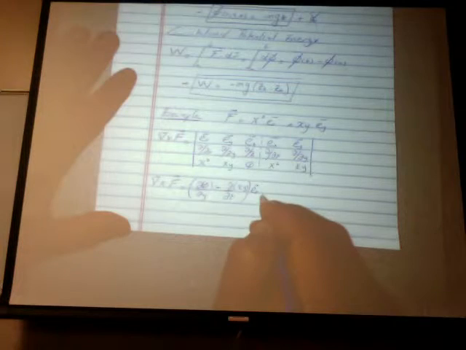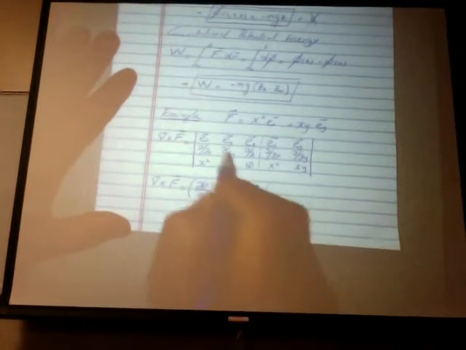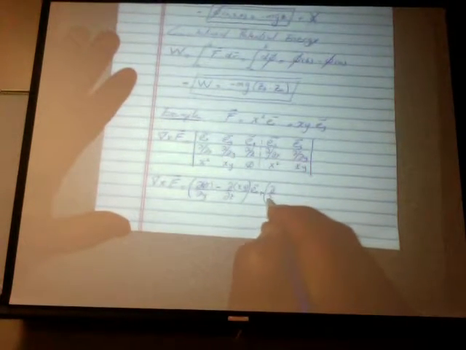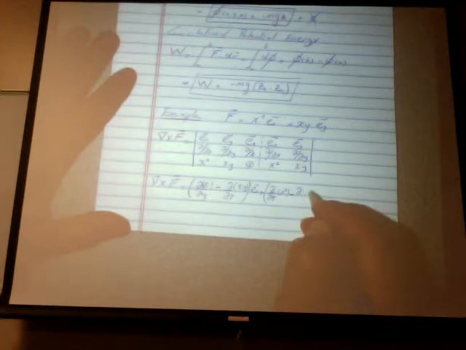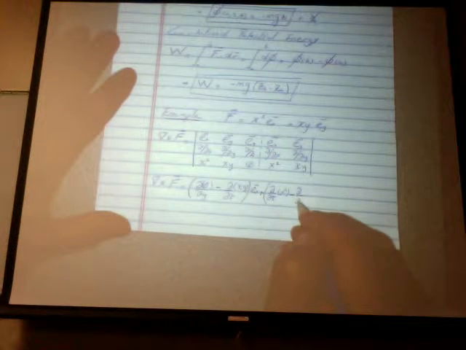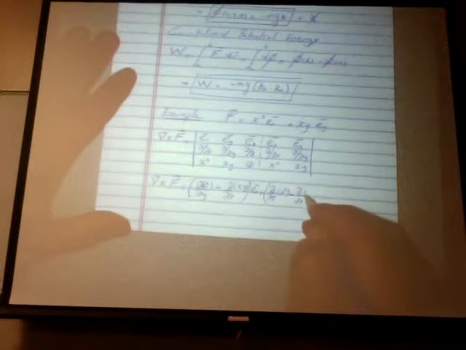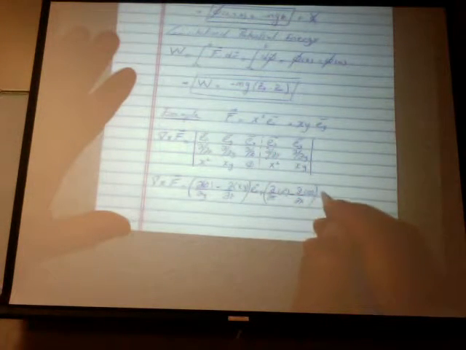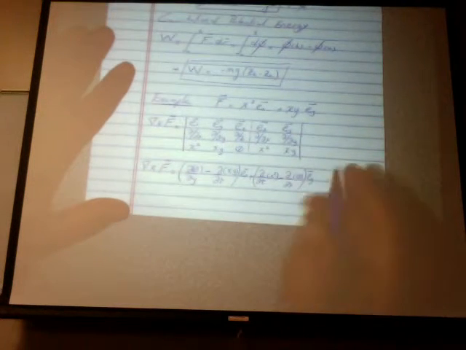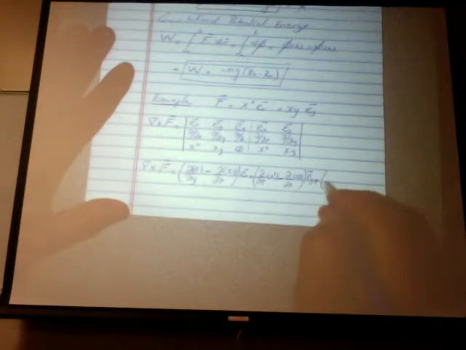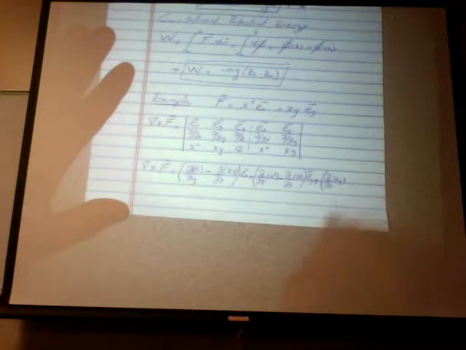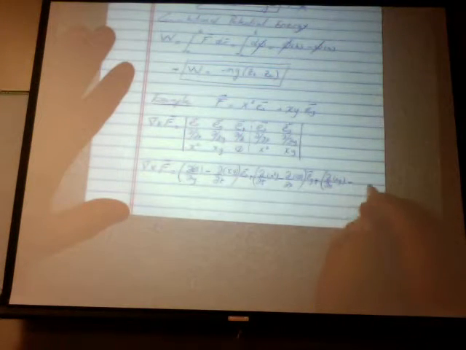In the y direction, we have d/dz of x squared minus, coming back, d/dx of 0. And in the z direction, we have d/dx of xy minus d/dy of x squared.